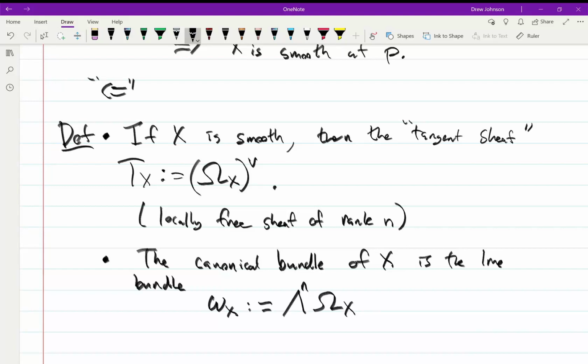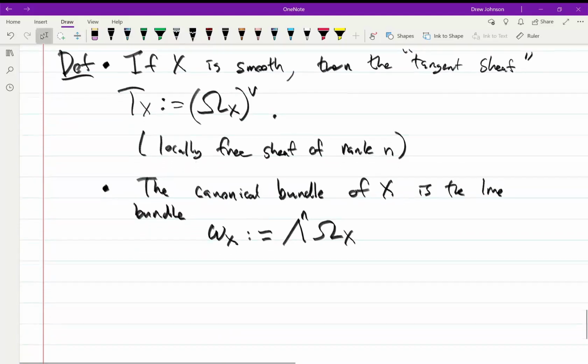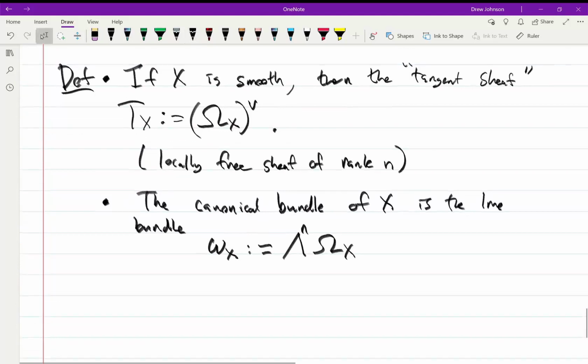So you can study smooth varieties by properties of their canonical bundle. Of course, the cotangent bundle has even more information, but line bundles are easier to study and have maybe simpler properties. So you might want to start by thinking about the canonical bundle, and we'll hopefully compute some examples of the canonical bundle tomorrow and see how that works. Okay, so that's all I'm going to say for today.